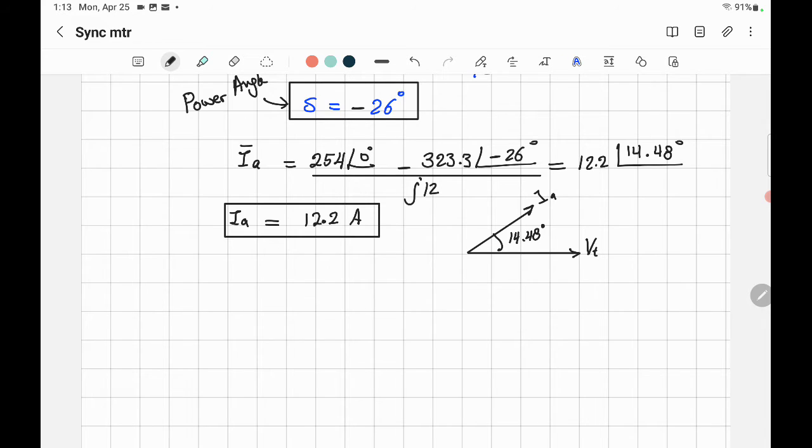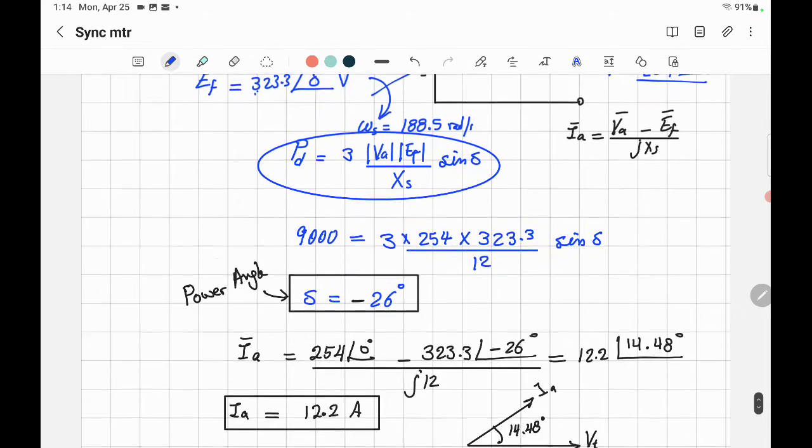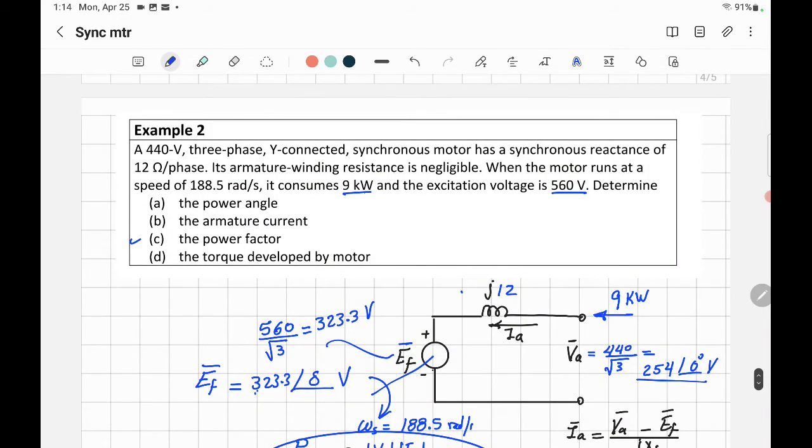So it's easy. You can calculate the power factor now by just finding the cosine of 14.48, and you will get 0.97. If you write power factor like that, it's not complete. You have to write leading power factor or lagging. It's leading. As you see, the current is leading the voltage. All right, so we did this part. So we finished the power factor.